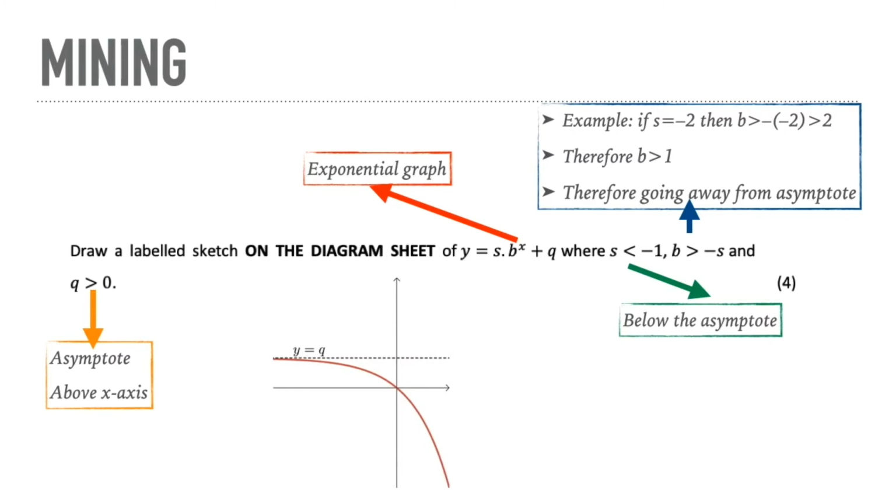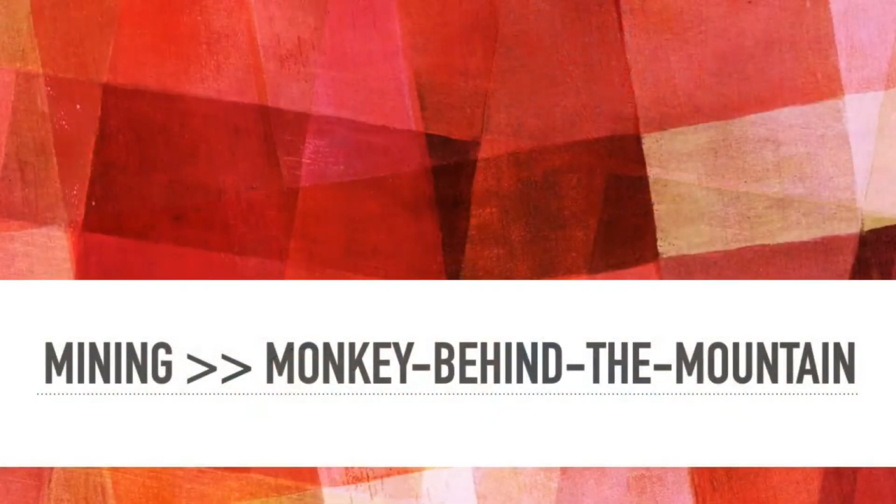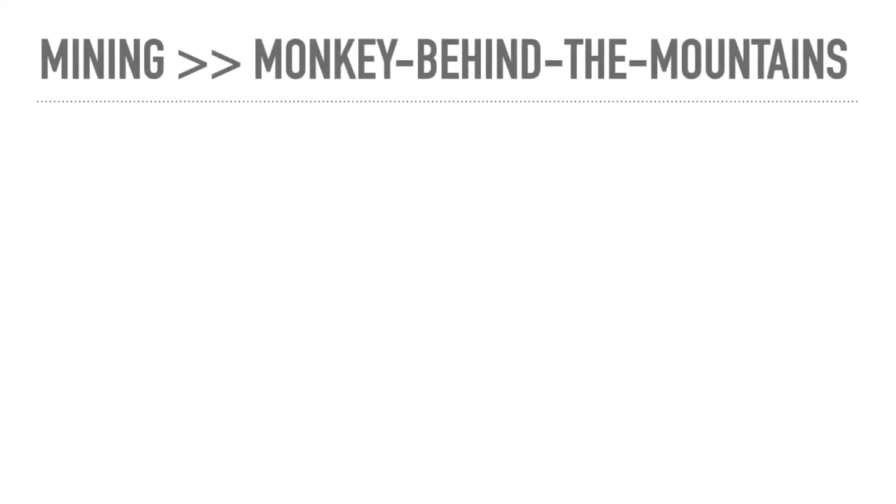Now, very seldom in mathematics, I'm being honest with you, will there be a pure mining type of sum. Usually, there'll be a mining going over to a monkey behind the mountains. Now, when we talk about going over from mining to the monkey behind the mountains, the type of questions that you are looking for is specifically geometry, Euclidean geometry.